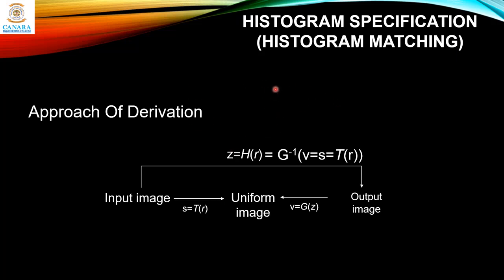We need to find the inverse transform which maps V equal to S is equal to T of R, and we expect this transformation to provide the output image histogram which is equivalent to the specified histogram. That is the approach of the derivation.